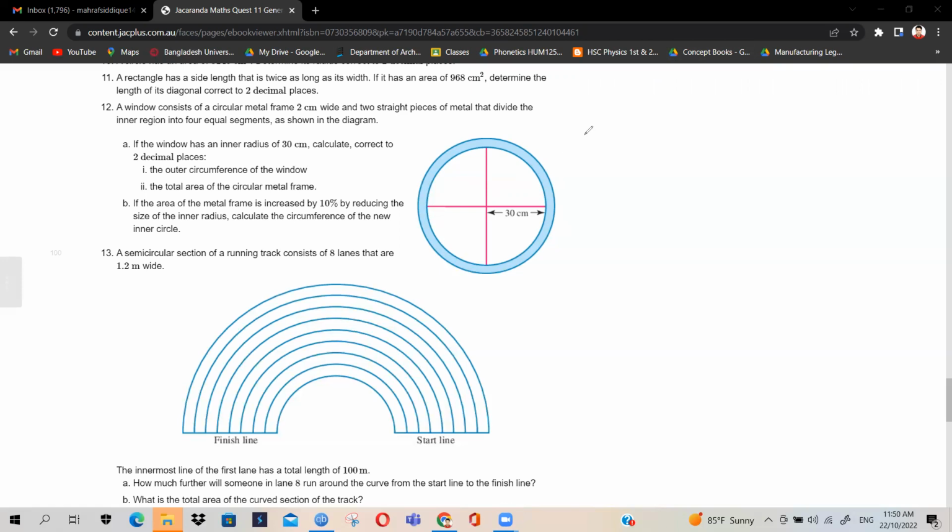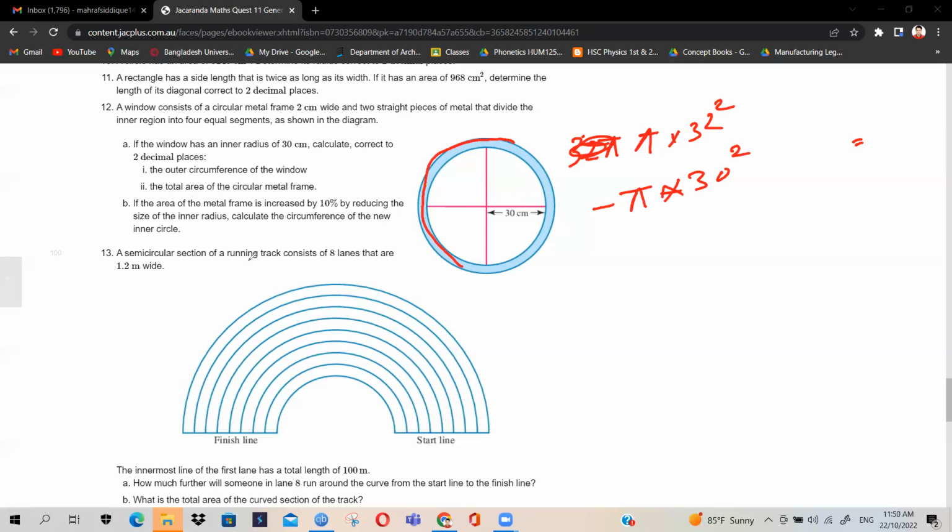So we have already got the outer circle's area, that would be pi into 32 squared, and we will reduce by pi into 30 squared, okay? So that will be our answer.